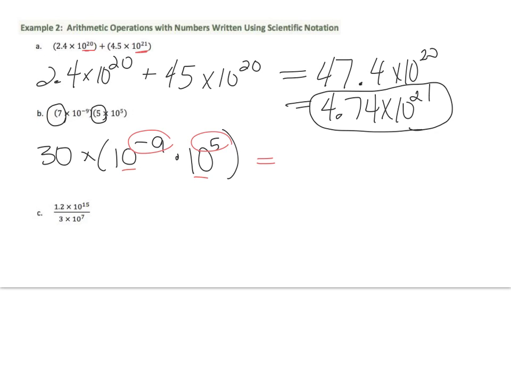So that gives me 30 times 10 to the negative 4th. Oh goodness, if I could only multiply. Silly me. Which gives me 3.5 times 10 to the negative 3rd.